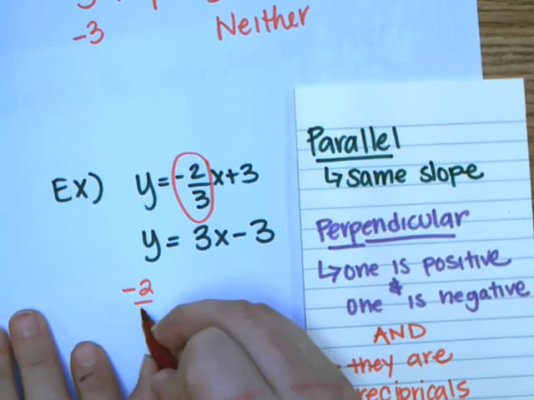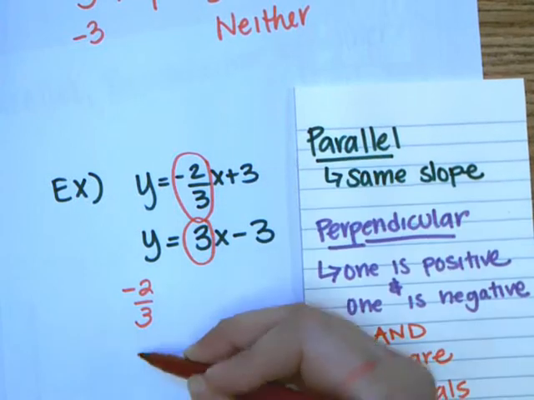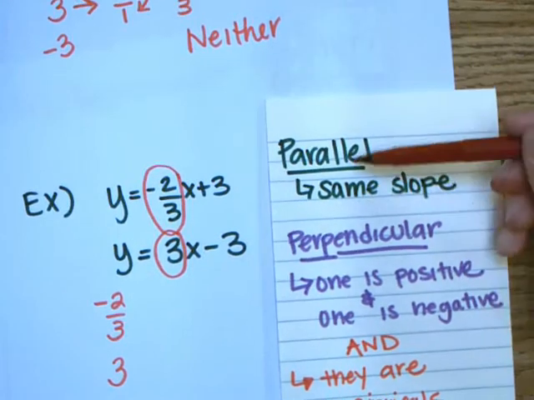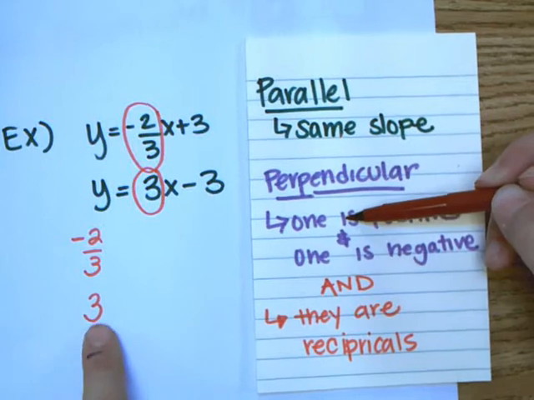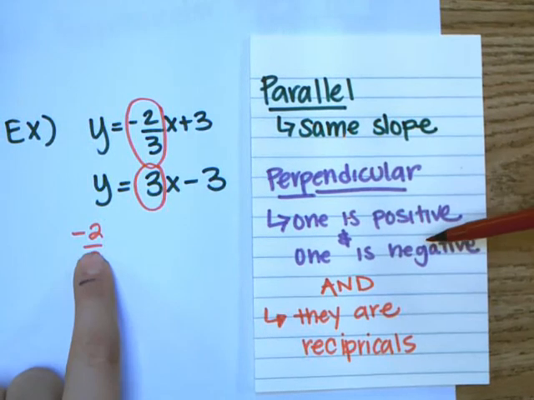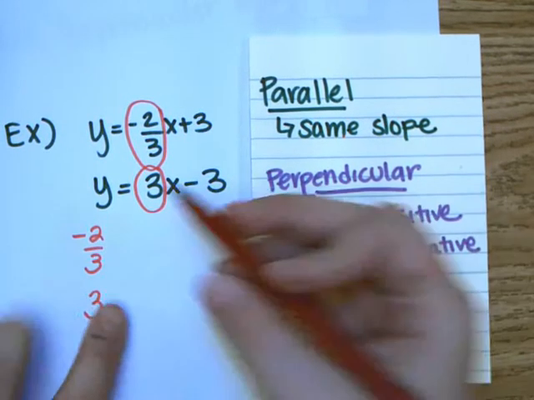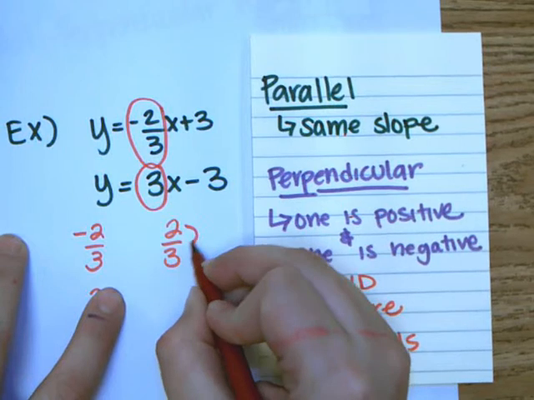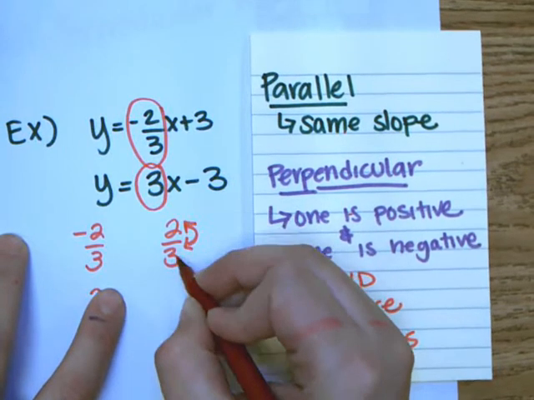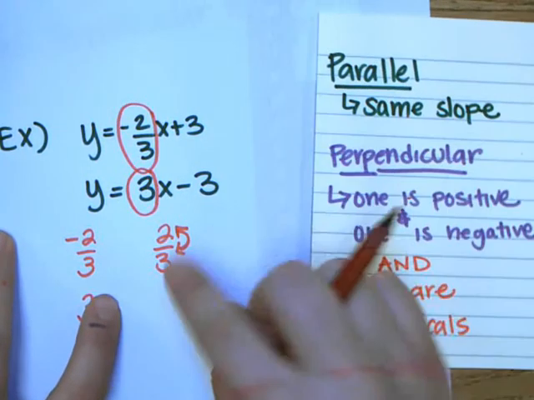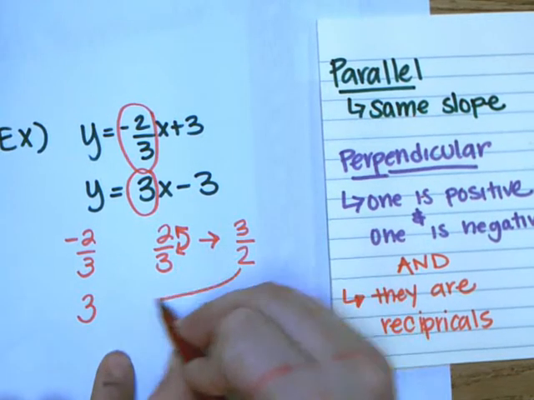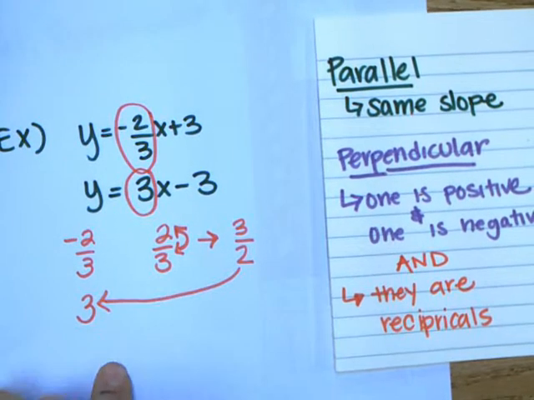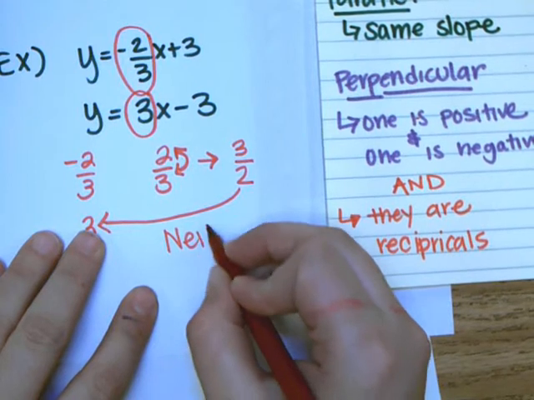If we take a look at the next example, notice this one is -2/3 and this slope is 3. So they're not the same, so they're not parallel. One is positive, one is negative, and are they reciprocals? If I take 2/3 and I switch the numerator and the denominator, it would be 3/2.